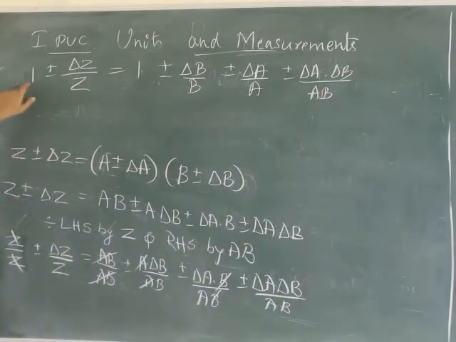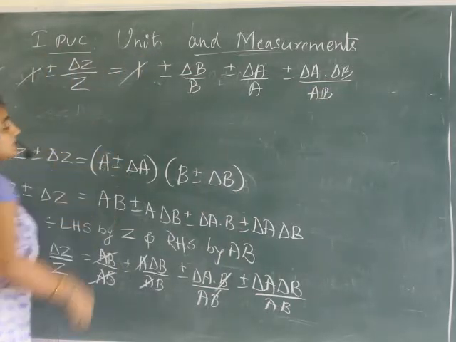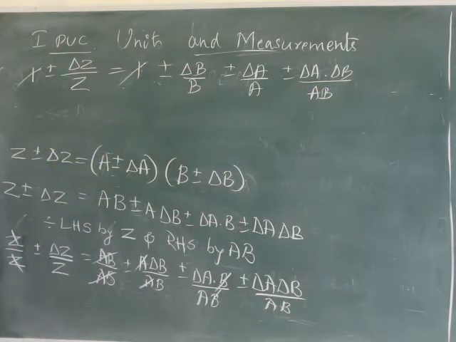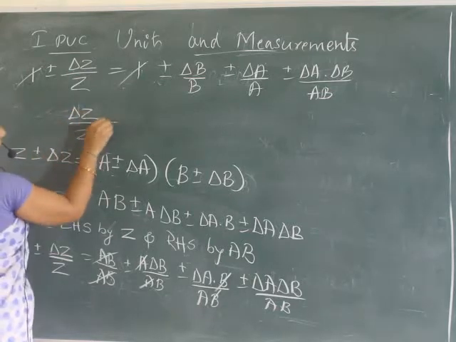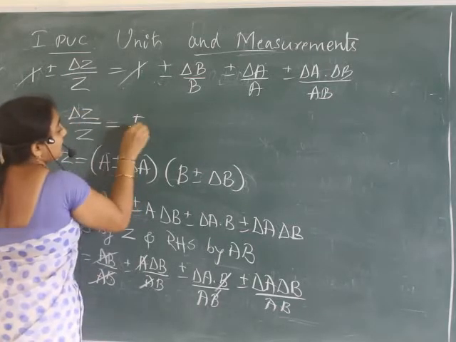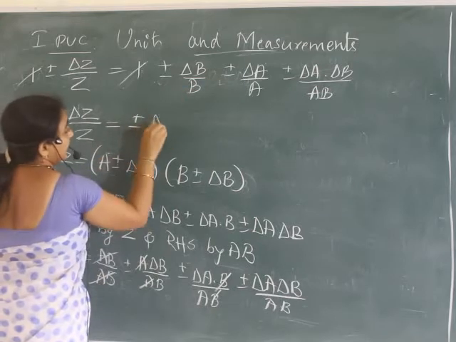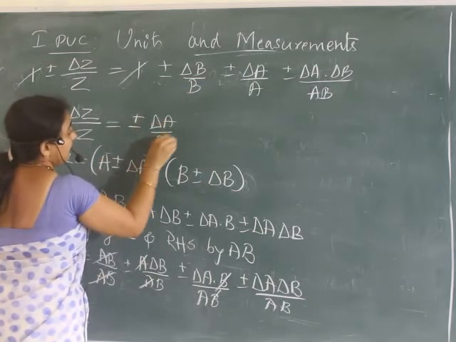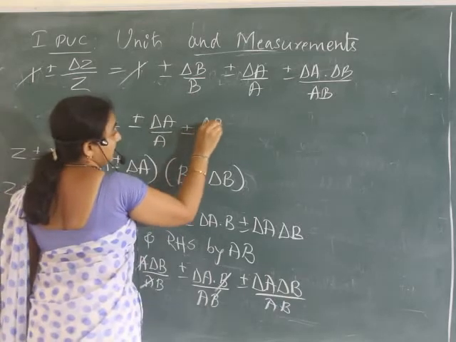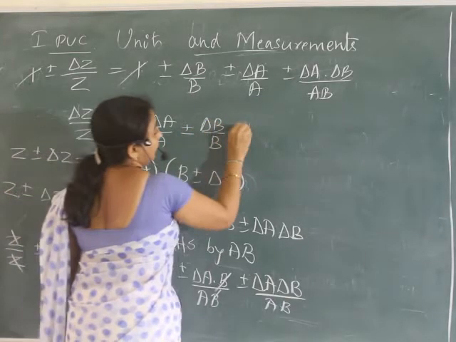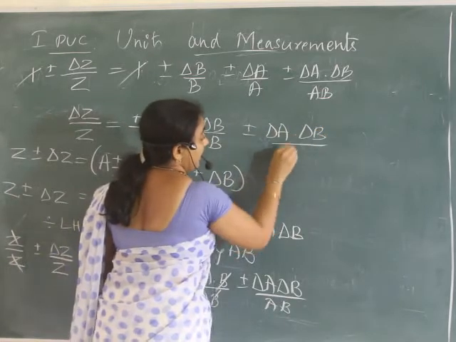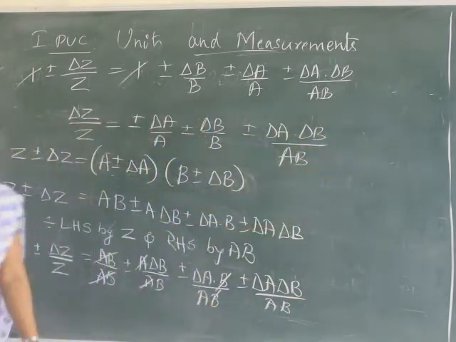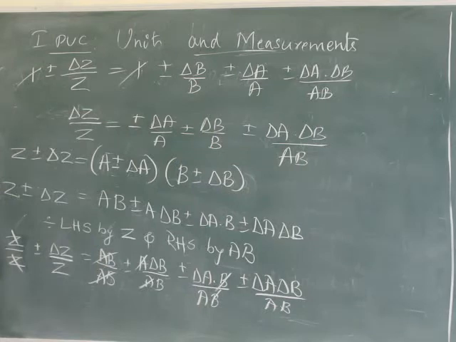Now 1 minus 1 is 0, it will get cancelled. So the remaining is delta Z by Z equals plus or minus delta A by A plus or minus delta B by B plus or minus delta A into delta B by AB. Correct? Am I right?